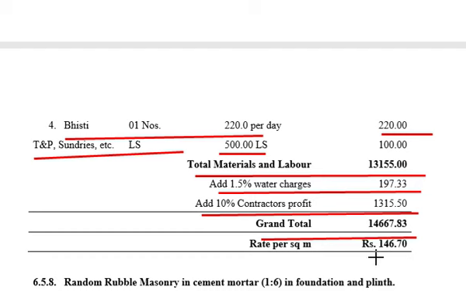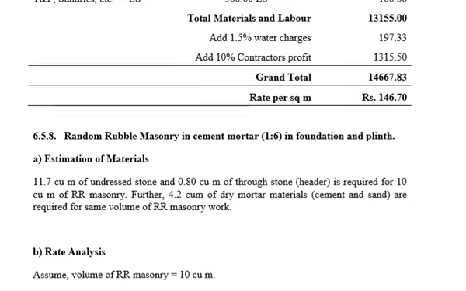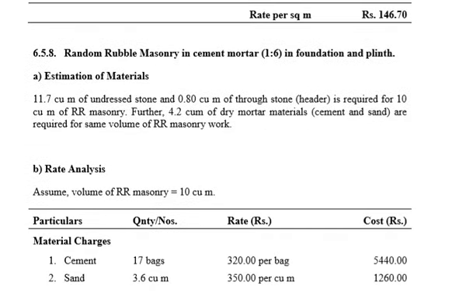Now Bishti 1 number at 220 per day, that is 220. Tools and plant sundries lump sum amount, that is 500.